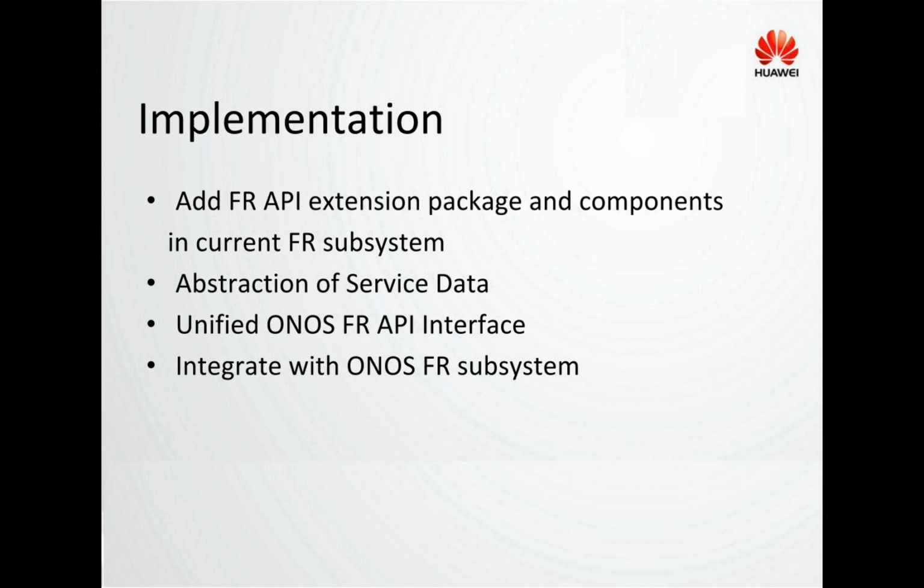So this routing module can figure out the master for each service data installed to the device. And this is our current work. We also need to do some integration in our work.